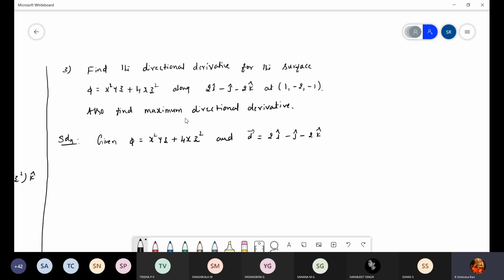So consider grad phi. That is dou phi by dou x i cap plus dou phi by dou y j cap plus dou phi by dou z k cap. So directly also you can differentiate. This is phi, or you can substitute what is phi. One more step.